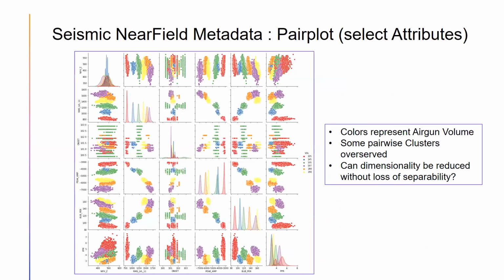So the first step was really to look at some pair plots. This is a subset of the attributes. We can already gain a sense that the data should be separable. In a couple of dimensions, it looks really separable, but the points are very clumped together. There's some overlap. The colors, by the way, represent individual airgun volumes.